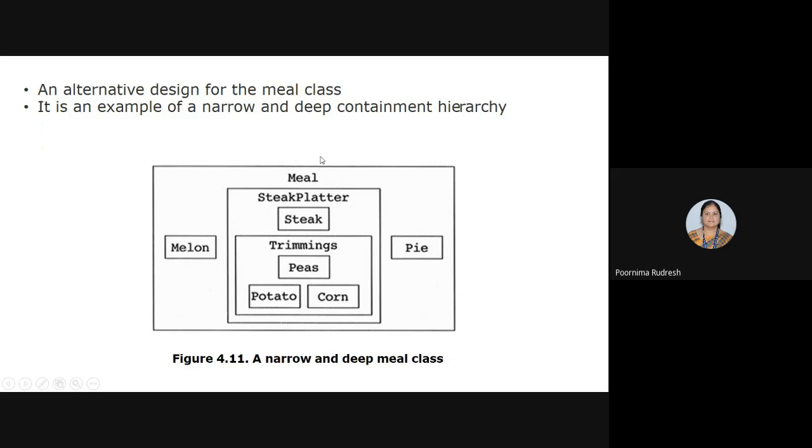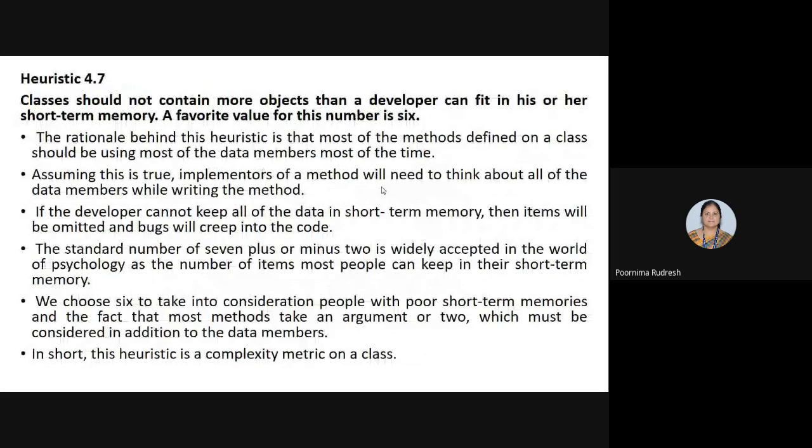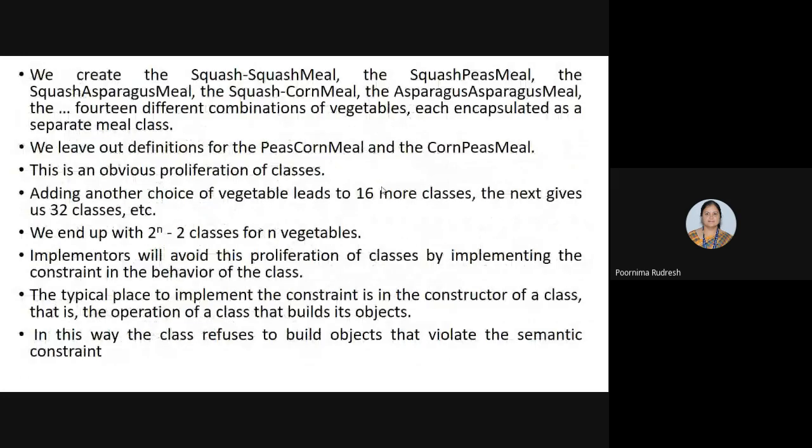Here we have the meal that is divided into steak platters, trimmings, etc. Means we have inner hierarchies in the narrow and deep meal class containment hierarchy, right? So here we have the meal, melon, pie, steak platter, steak, trimmings, peas, potato and corn, right?